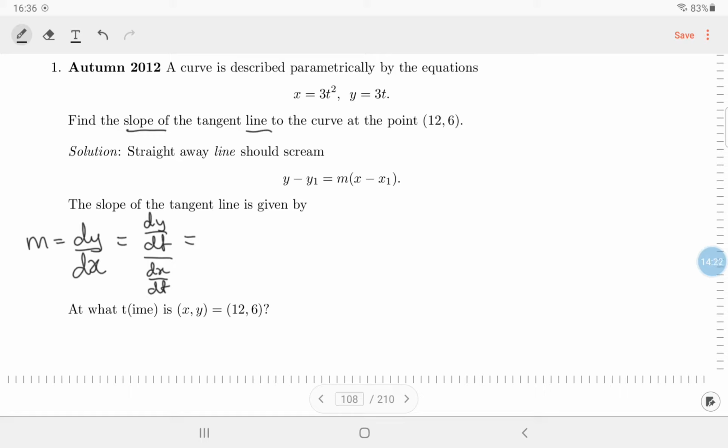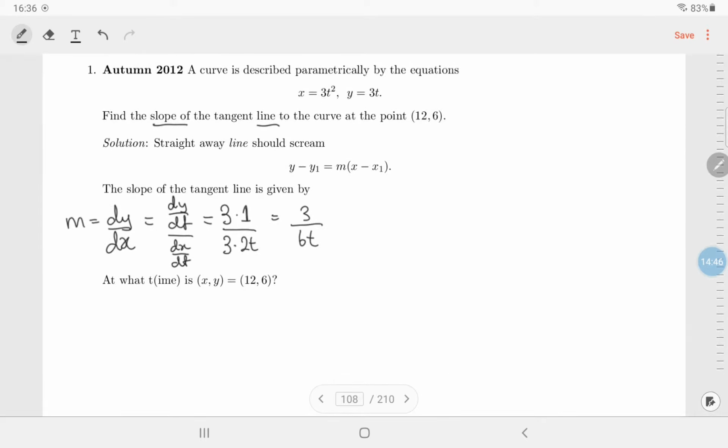So if it's a constant times a function, the scalar rule says fix the constant, fix the 3, and then differentiate the t. And the derivative of t with respect to t is 1. That's 3 by 1. And then dx/dt, fix the 3. And what's the derivative of t squared with respect to t? 2t. So we're getting 3 over 6t. And we can leave that like that.